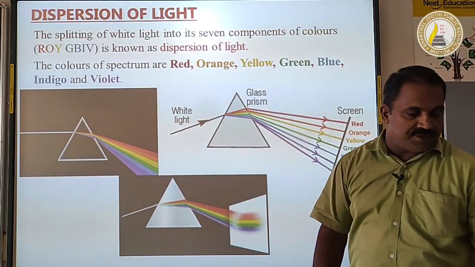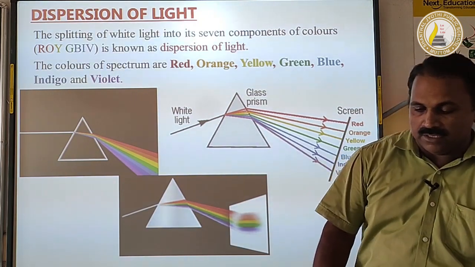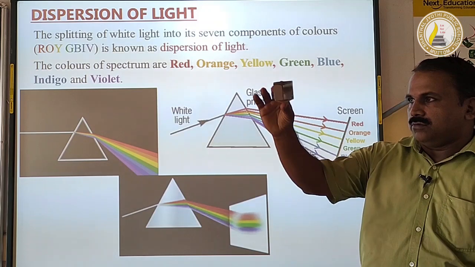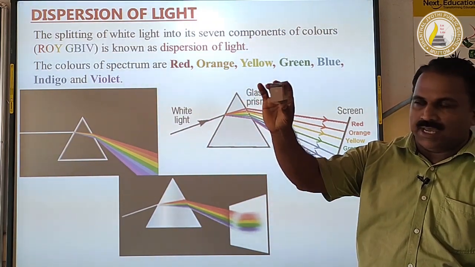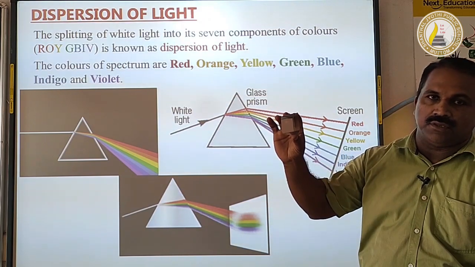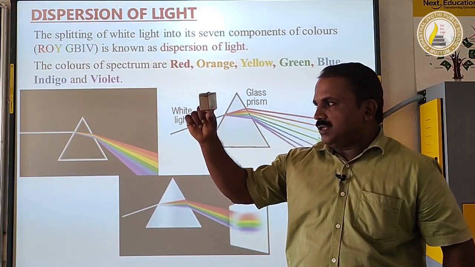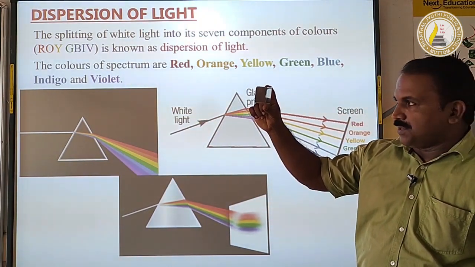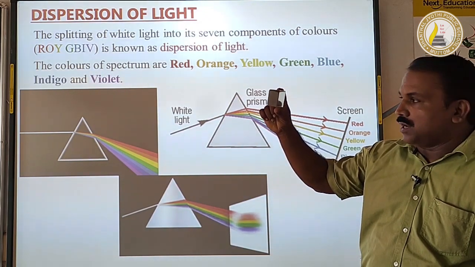The next one is dispersion of light. For dispersion of light there is a glass prism. White light or sunlight is a combination of 7 colors. When white light is passed through a glass prism, we can see 7 colors, or rainbow colors.